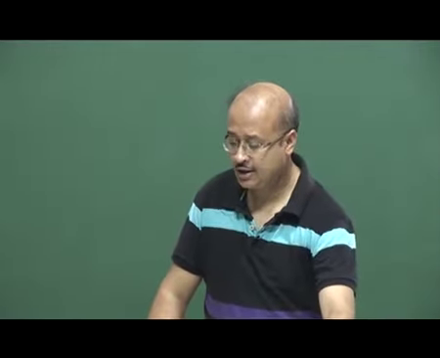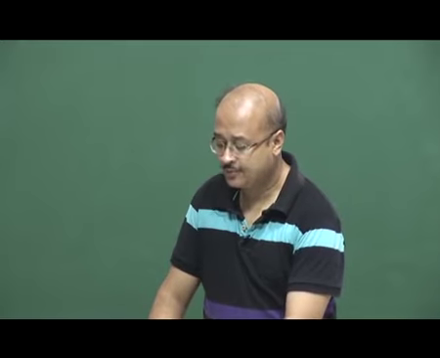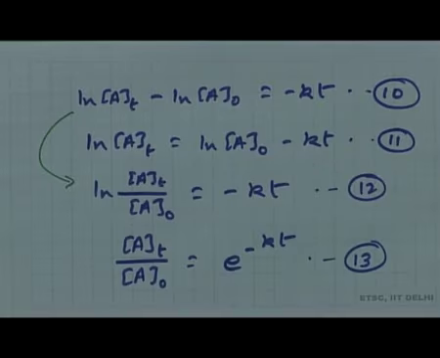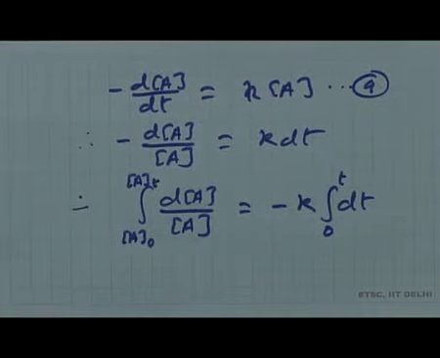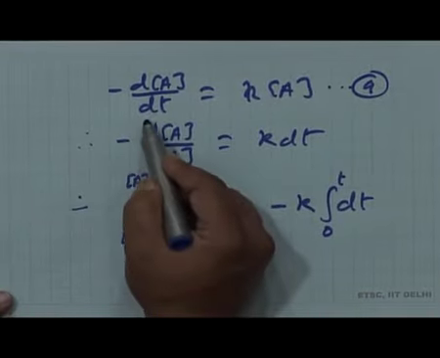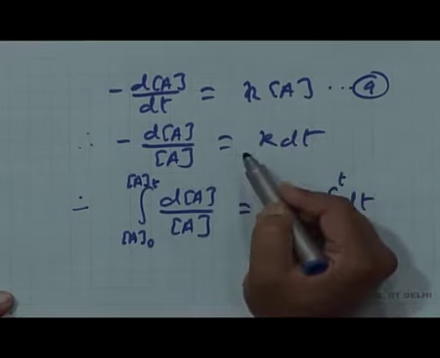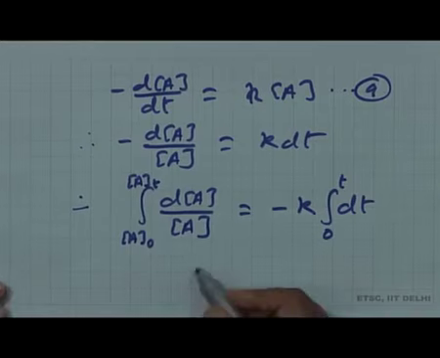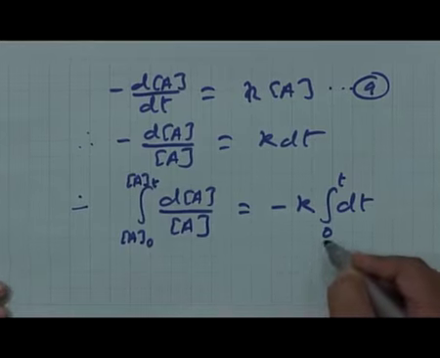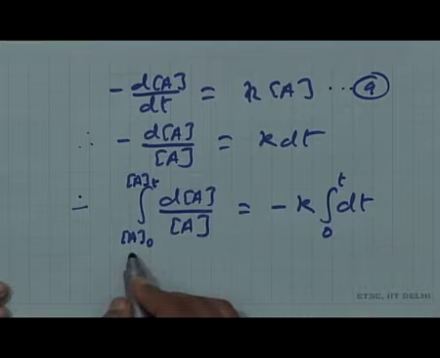So please, let us go back and take a look at these. We started with this, where minus d of A over d of t is equal to K times A, K being the rate constant. Then we rearranged, so that A came to one side, the t went to the other side. We integrated between the limits. What were the limits? At t is equal to 0, I would have the concentration of A as concentration of A naught.